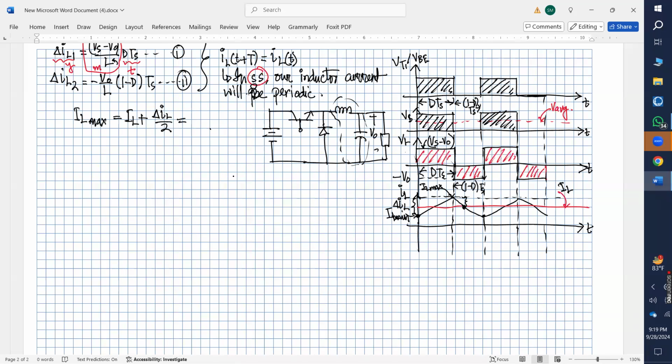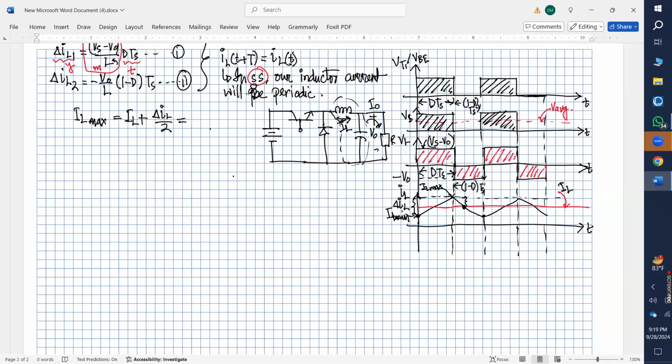So if this voltage is DC, and then we have a resistive load, the current through the load will be a DC one, right? And whatever the average value of this inductor current, IL, and the DC current that is going to the load, that is I naught, these two currents will be equal.